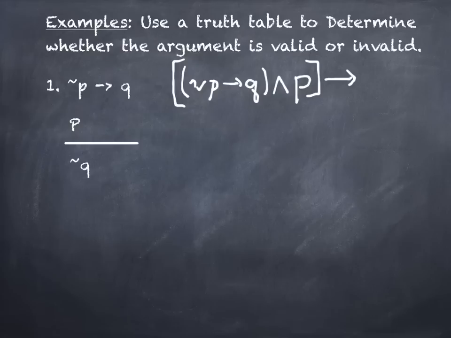And the therefore part, the part underneath, is the conclusion, or the consequent, of the if-then statement. That mess right there with the parentheses and the tildes and the arrows and the brackets and all that stuff is what we're going to make our truth table from.